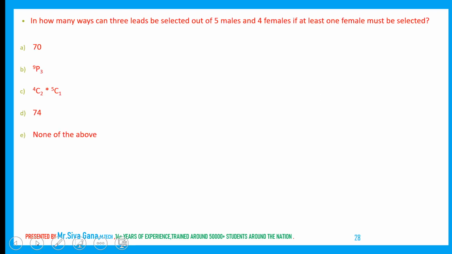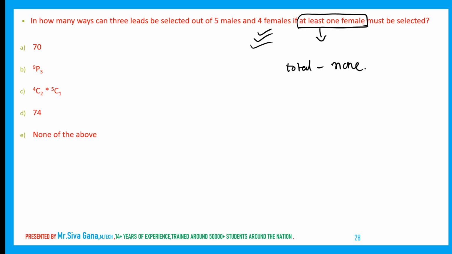In how many ways can 3 leads be selected out of 5 males and 4 females, if at least one female must be selected? At least is always a disturbing word. If at least comes, always take total minus none, which is the best approach. Because at least one female, we can select 1 female, 2 female, 3 female.